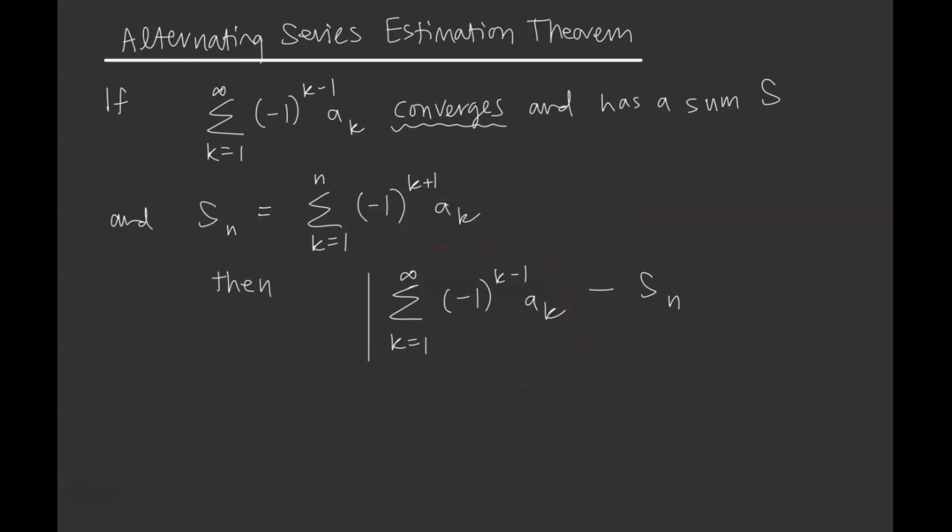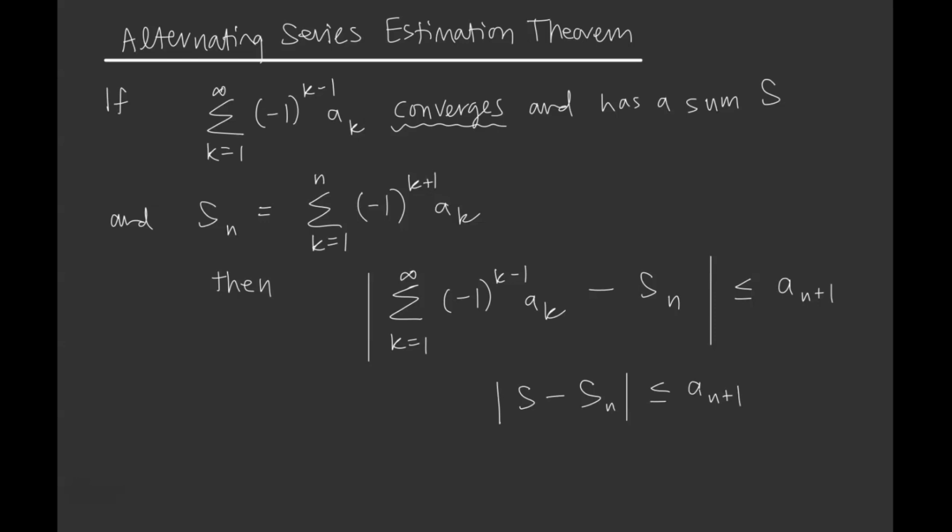That difference in absolute value, so the difference between these two numbers, this real sum and this partial sum, is going to be less than or equal to the n plus 1th term of the sequence for that series. Written a little bit more elegantly, the real sum of the whole series minus the partial sum, that difference will be less than or equal to the n plus first term of the sequence.